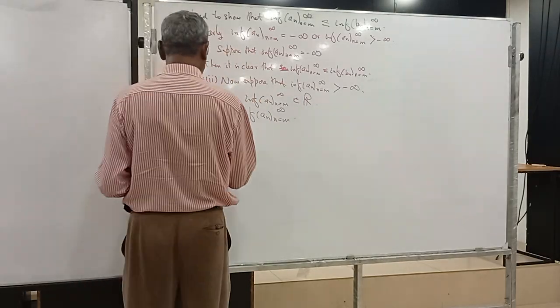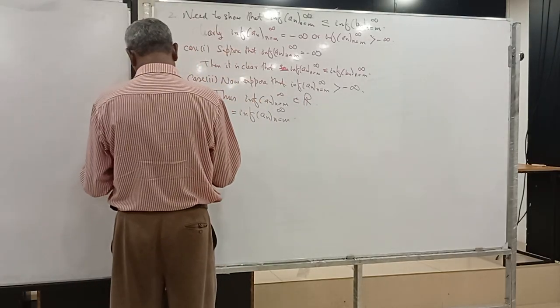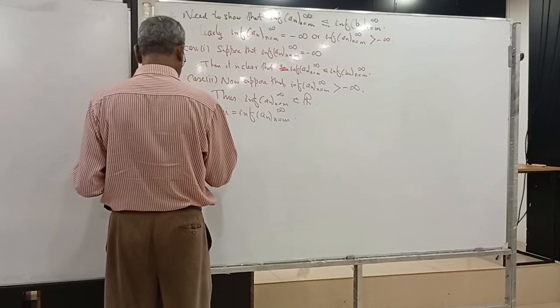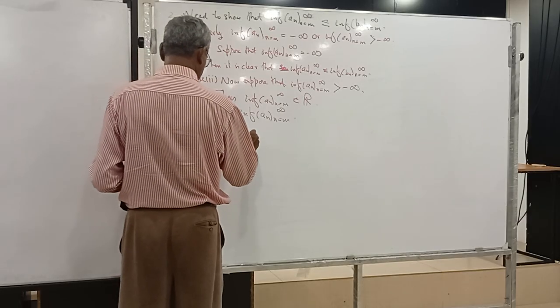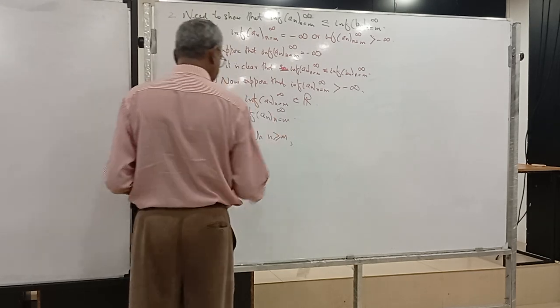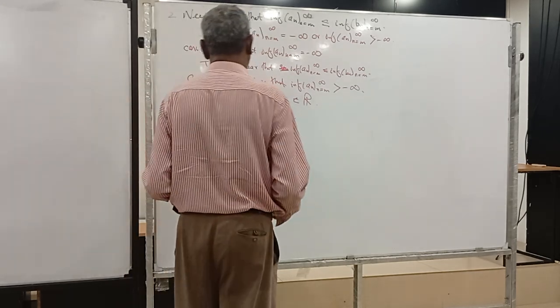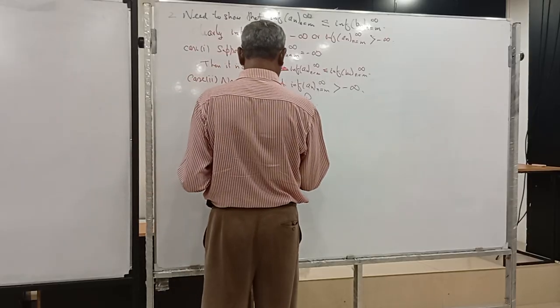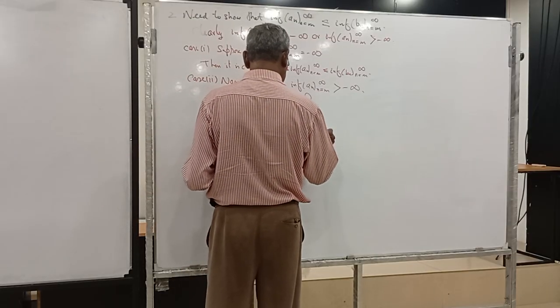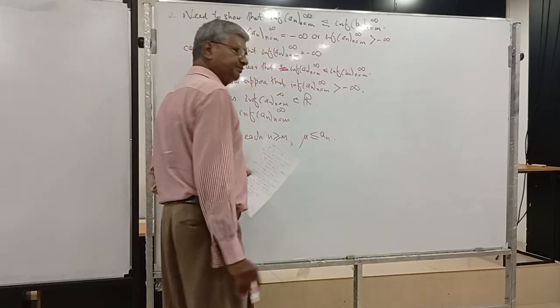Hence, for each n greater than or equal to m, mu is less than or equal to a n.